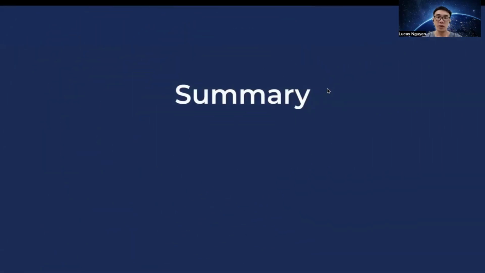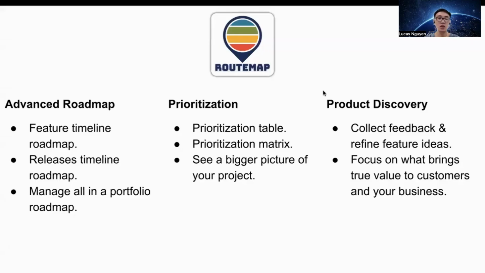And that brings me to the end of my feature demos of Routemap. Now, I want to have a summary to wrap up this video for you guys. So, for the three main features of Routemap, the first one would be advanced roadmap. It offers you the features timeline and releases timeline roadmap to help you and your team manage your work and tasks in a portfolio roadmap.